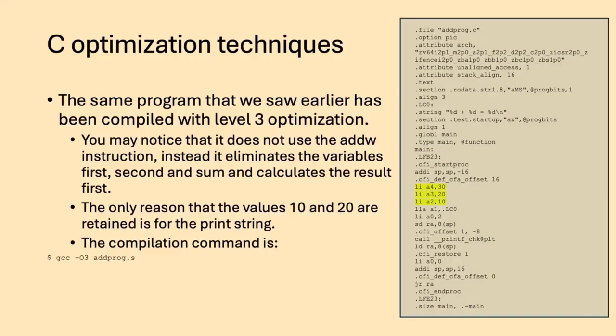Constant folding occurred here by evaluating 10 plus 20 and just using a single variable to store the result. In the code shown, it was achieved with the instruction load immediate A4, 30. In C, it would simply look like sum equals 30 without using the variables first and second.